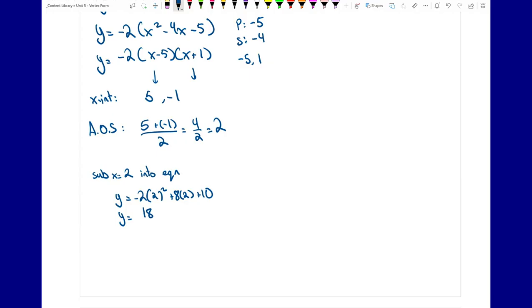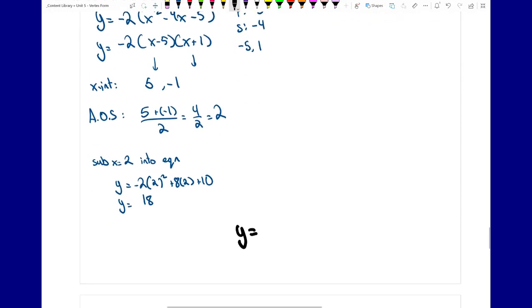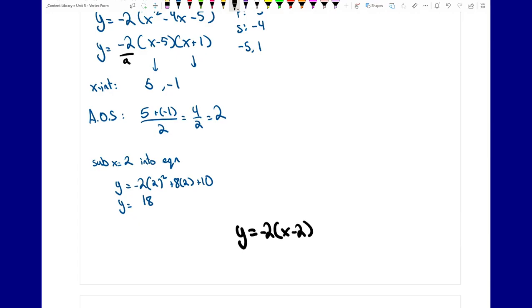So now from this, I can write out my equation in vertex form. y is equal to my a value, which in this case, if I go back up, I already had an a value of -2. So y equals -2 times (x minus 2) from the axis of symmetry, squared, plus 18.